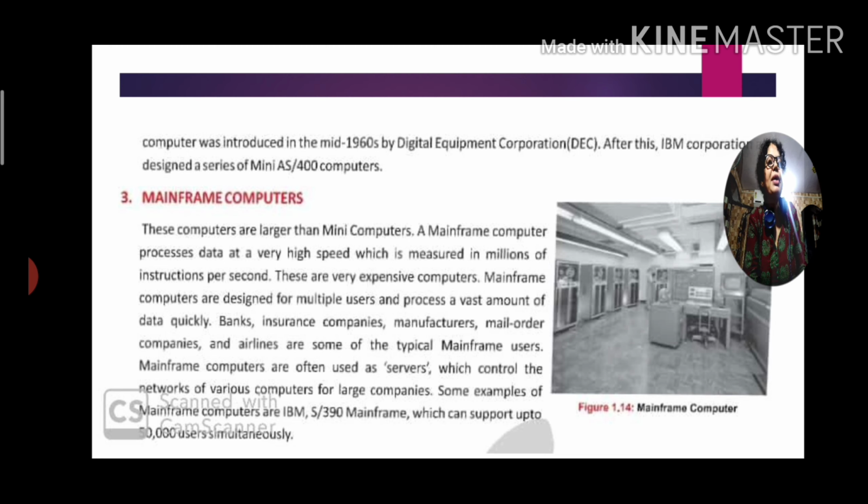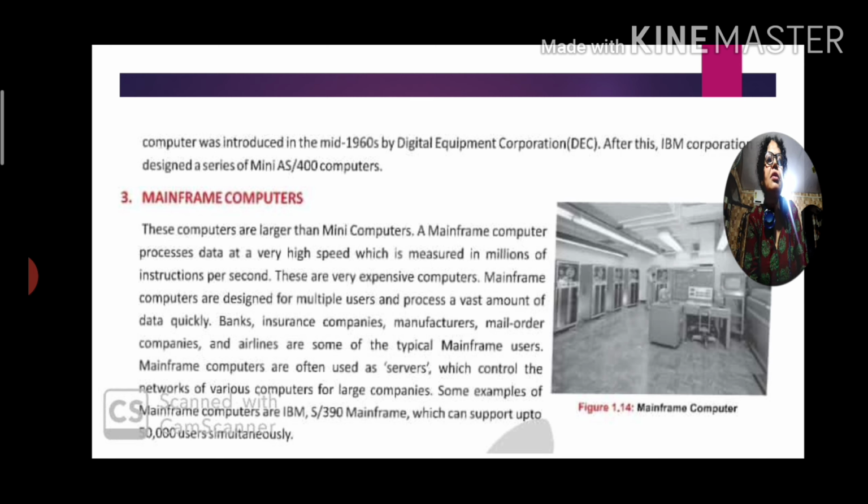These are very expensive computers designed for multiple users. Minicomputers were designed for single users, but mainframe computers are mainly designed for multiple users and process a vast amount of data quickly.